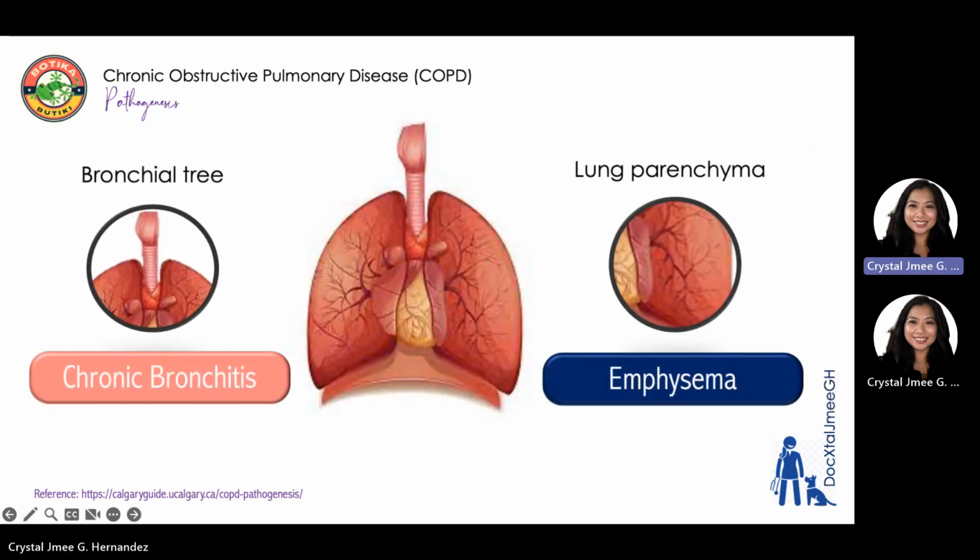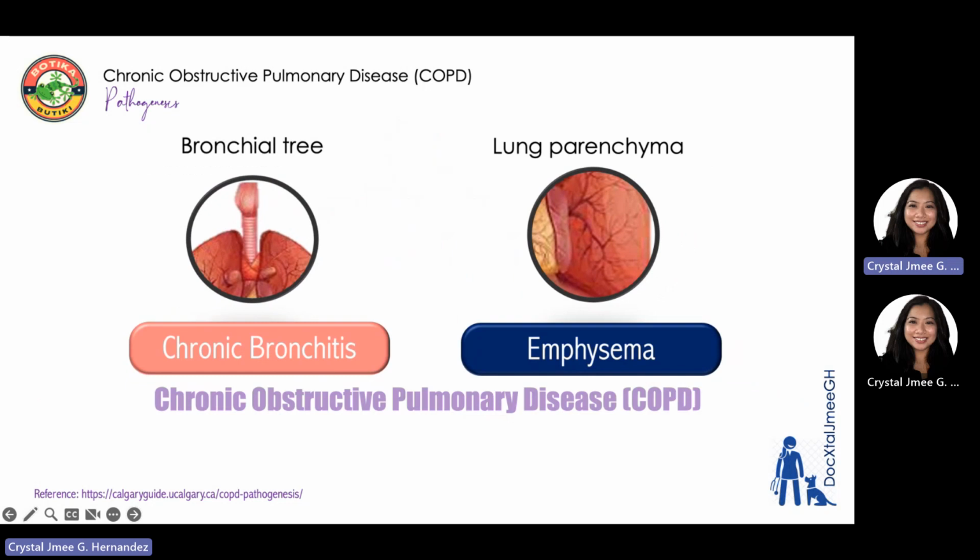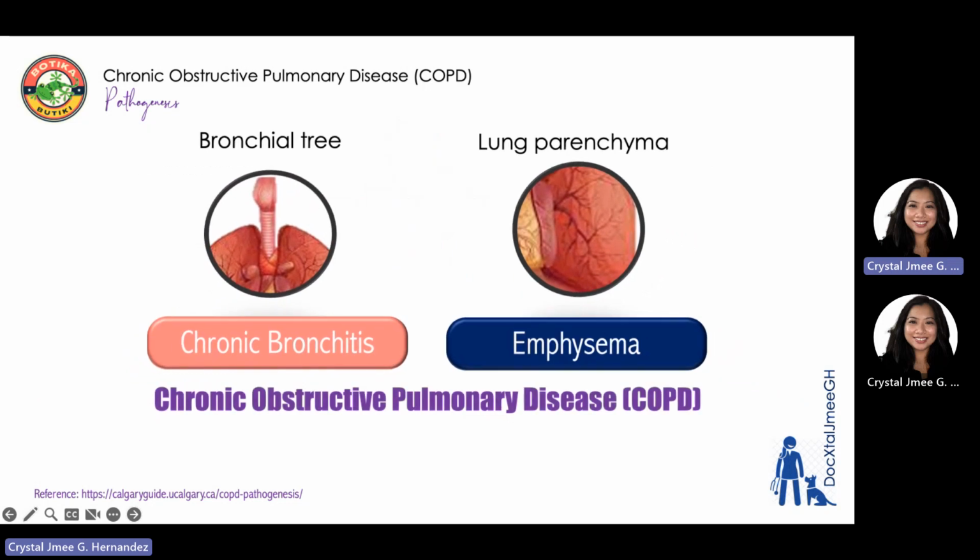Now, when the bronchial tree is affected, it normally leads to chronic bronchitis, and if it's the lung parenchyma, it's emphysema, both of which again are classified as chronic obstructive pulmonary diseases.